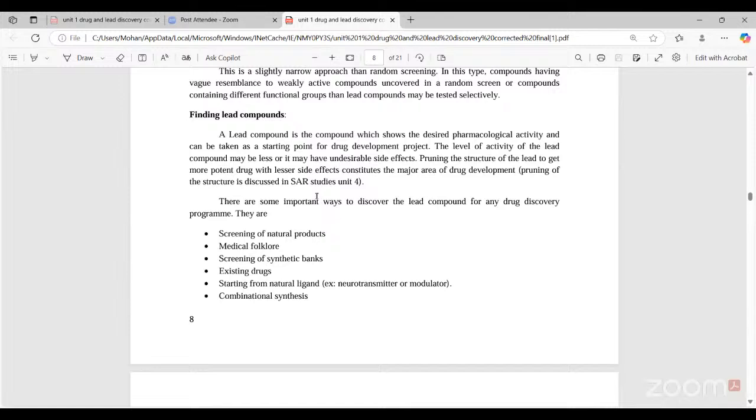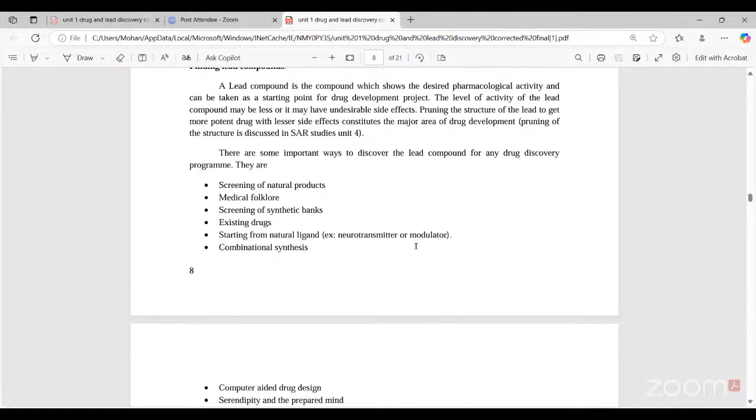There are some important ways to discover lead compounds for any drug discovery program. They are screening of natural products, medicinal products, screening of synthetic drugs, and existing drugs. So these are some important ways to look for the lead compound.